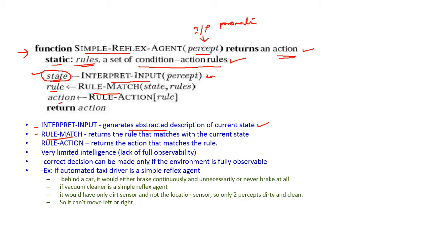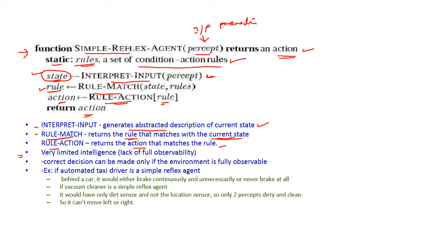This rule match method will return the rule that matches the current state, right? That rule will be stored in the variable rule here. And rule action will return the action that matches the rule, right? The corresponding action will be given to the action variable, and that action will be returned here.